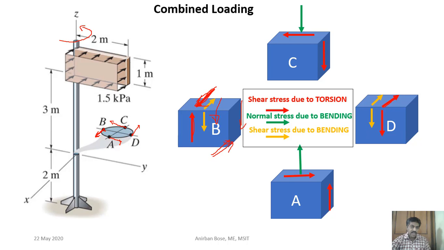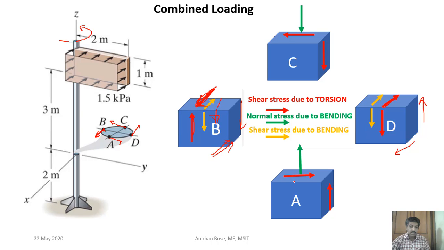That is why you can see on this face and this face the shear stress will be in this direction. Similarly at D, it will be in this direction, and at the bottom surface in this direction, and to counterbalance this rotation, in this direction and this direction the shear stress will also develop.